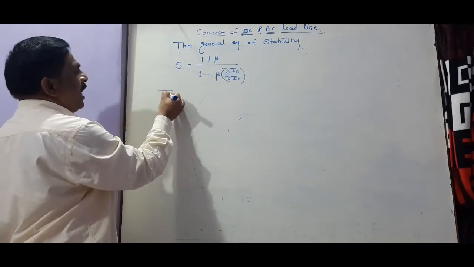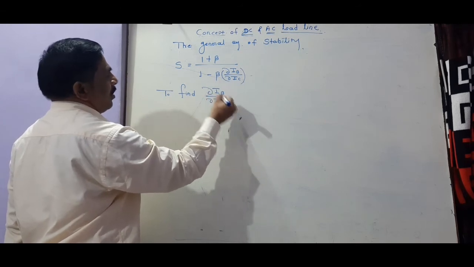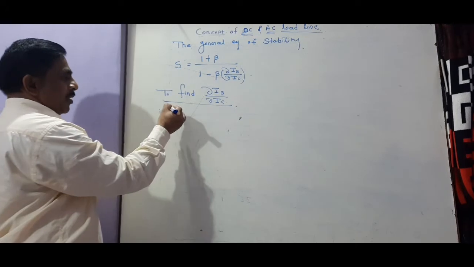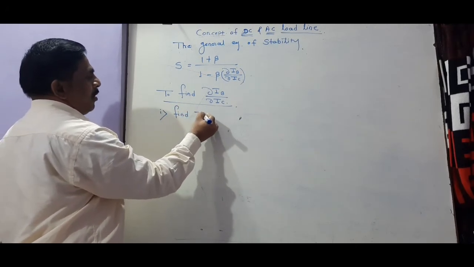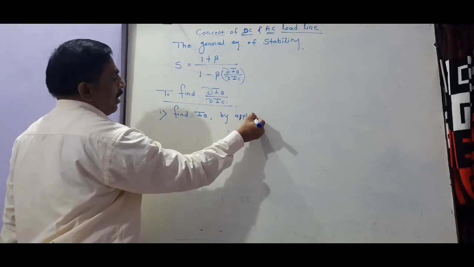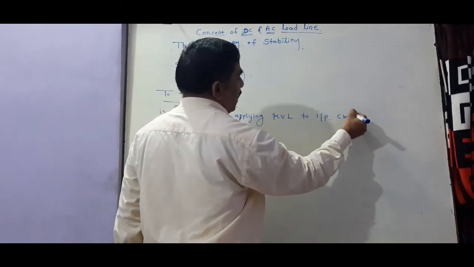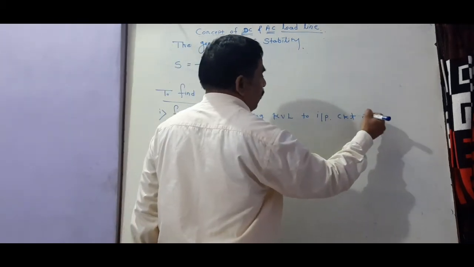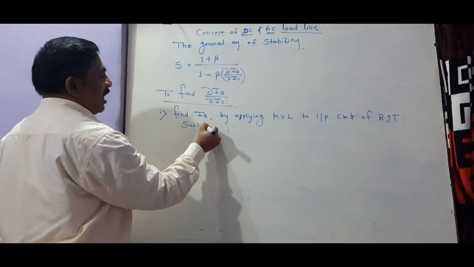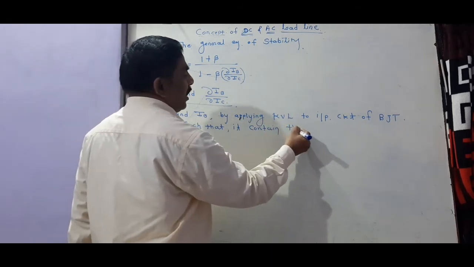To find them, the rules are: number 1, find the value of base current IB by applying KVL to the input circuit of the BJT such that it contains the term VBE.